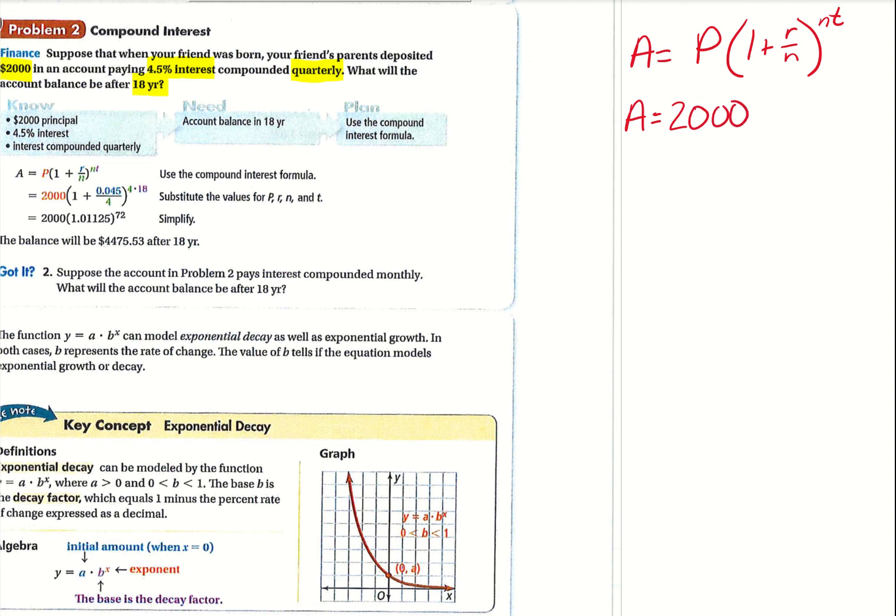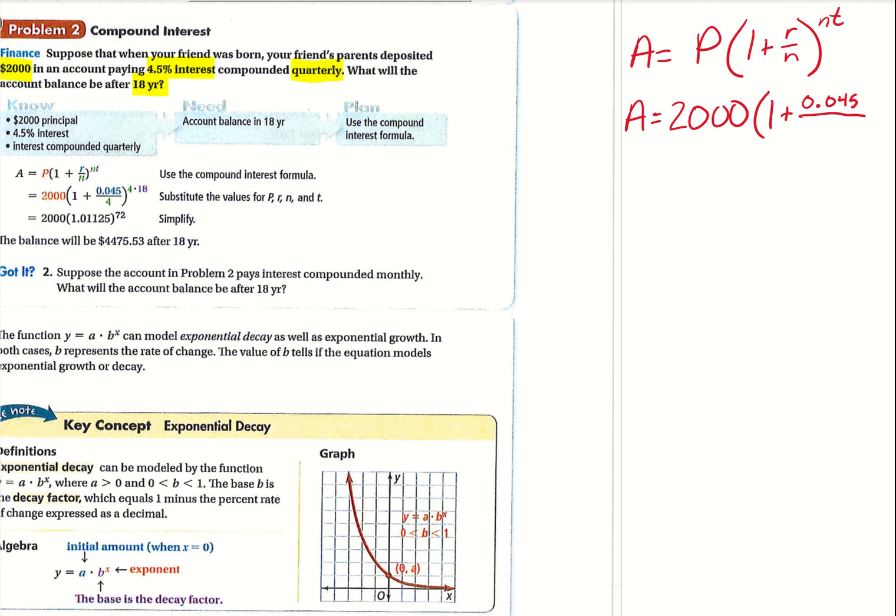Okay, then we have 1 stays the same. The R, we have our interest rate, 4.5%, which if we put into decimal form would be 0.045. And then that will be over N, and N is our number of times that it's compounded per year. It's compounded 4 times per year, right?